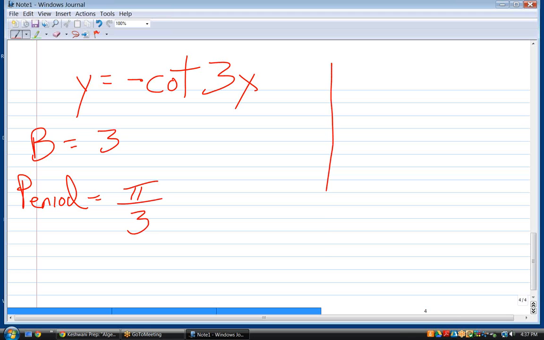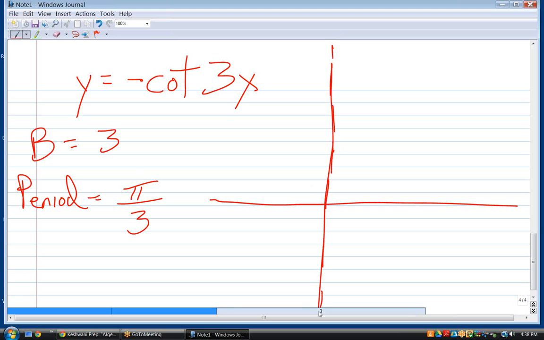Okay, now let's go to graph it. We know that the first asymptote goes there on the y-axis because tangent is 0 there. So cotangent's going to have an asymptote. Where's the second asymptote go? At pi over 3.